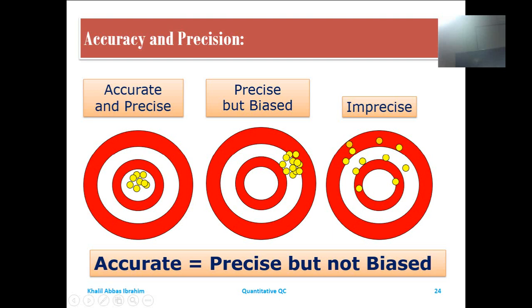So, being far from each other, they lack precision, and being far from the central value, which is the true value, indicates inaccuracy. So in this shape, no accuracy and no precision, and it indicates a very big failure, and also points out that this system is unsuitable for use in analyzing patient samples or adoption in the laboratory.